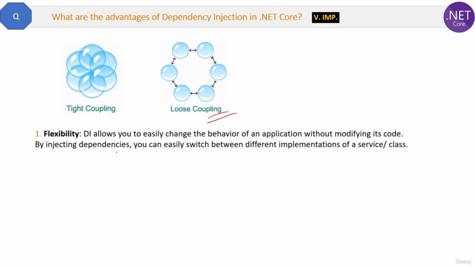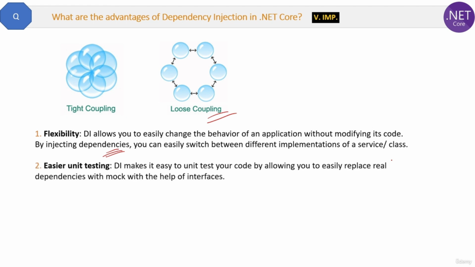By injecting dependencies, you can easily switch between different implementations of a service class, as we saw earlier when we replaced math student with the science student class. That behavior can be achieved by loose coupling only. So this is the first advantage.